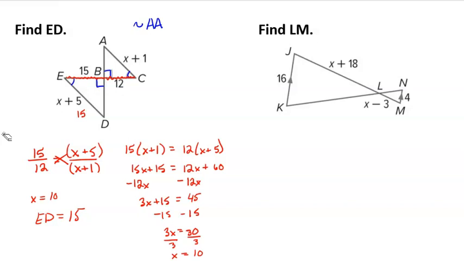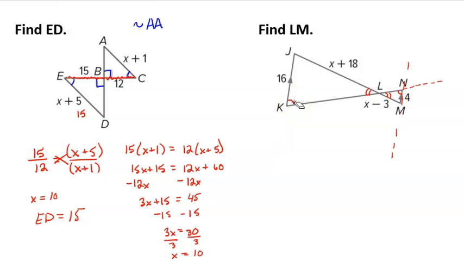All right, and then for this one, we can go ahead and mark these vertical angles congruent, and then notice that we have these parallel lines going on here. And if we have parallel lines, I know that alternate interior angles, because if this keeps on going like that, and these keep going like this, okay, K and N are going to be alternate interior angles.